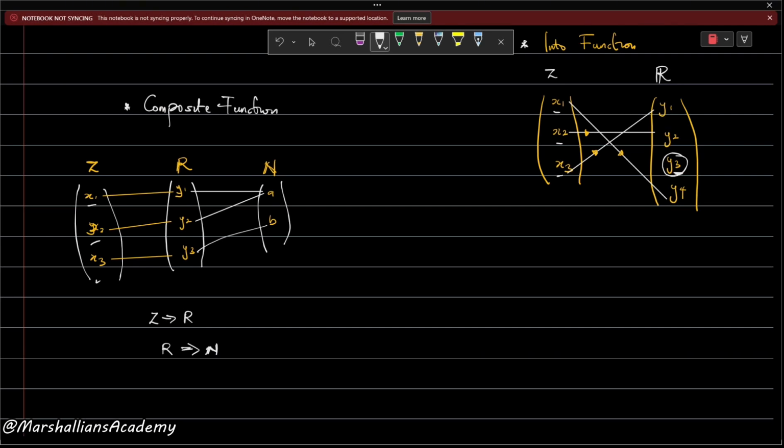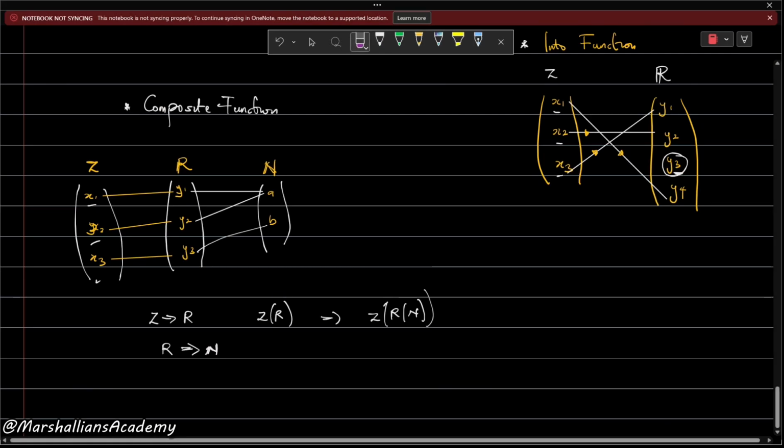Two functions in one. Therefore, we could say that Z being a function of R is something as saying Z being a composite function of N. Quite confusing, but you understand it.